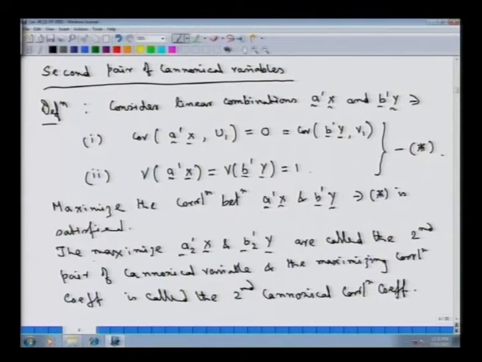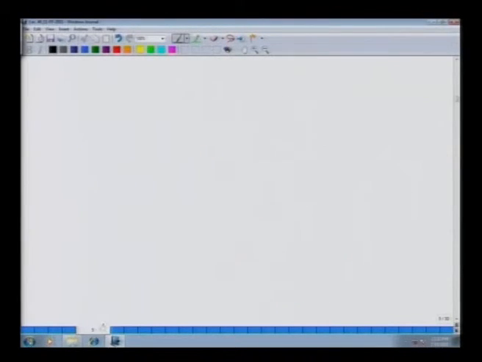The maximizing A2' x and B2' y are called the second pair of canonical variables, and the coefficient that we obtain by maximizing the correlation between all such linear combinations such that this star is satisfied is going to be called the second canonical correlation coefficient. Now, we can write thus the kth canonical variables definition.